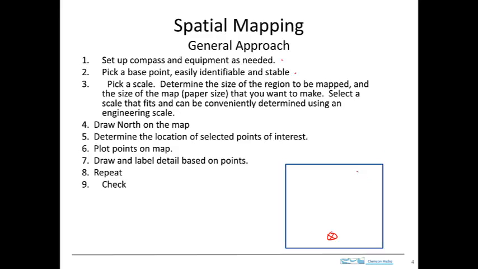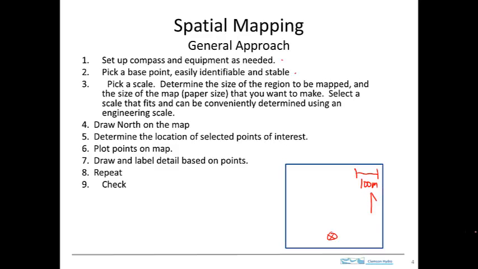So we select the scale and we'll draw the scale bar on here, so that this distance on our map represents 100 meters out in the field. And we also will put a north arrow. These two things, a scale and a north arrow, should be on any map.